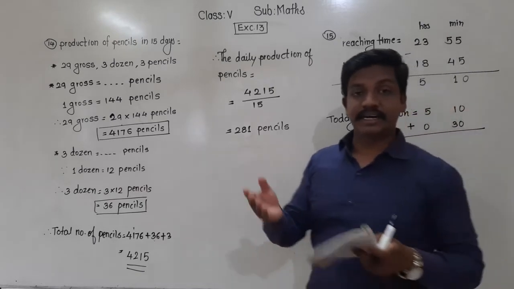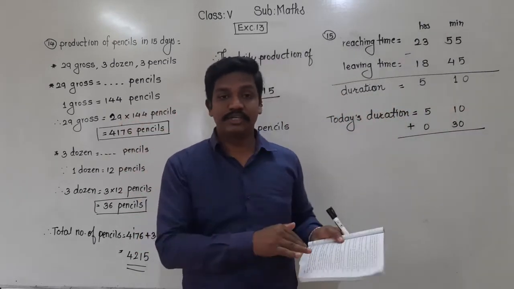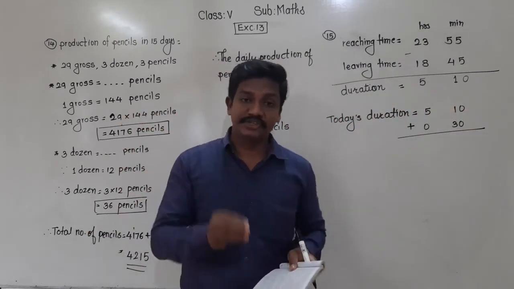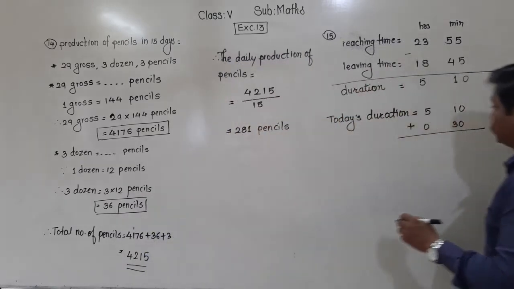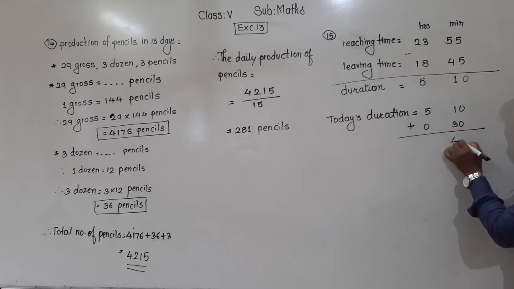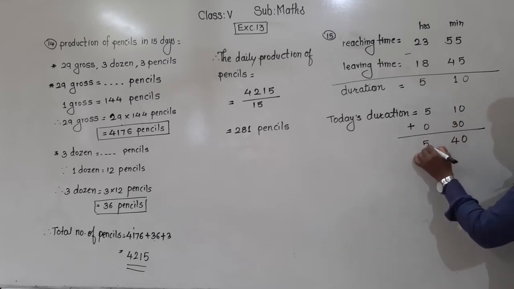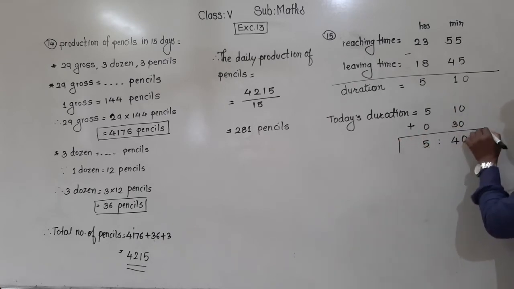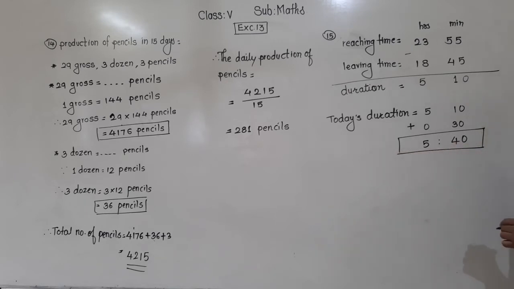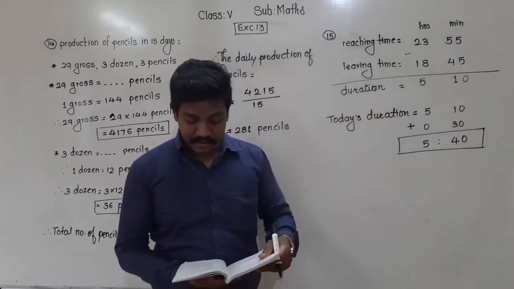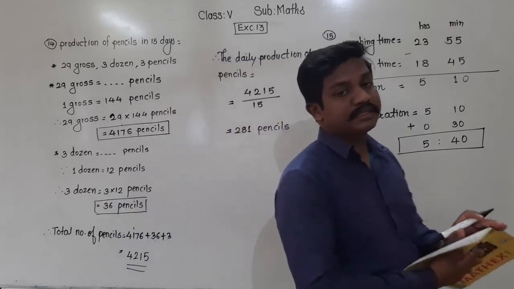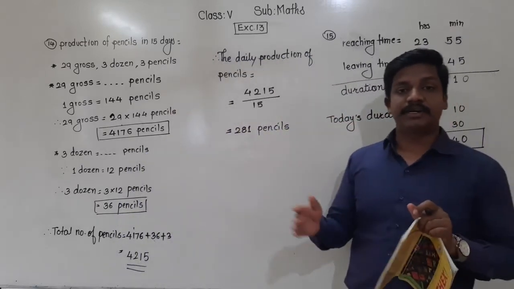Late means it has taken 30 minutes extra in that duration. So 10 plus 30 is 40, and the hours are 5. Today the train has taken 5 hours 40 minutes to reach Manmad.